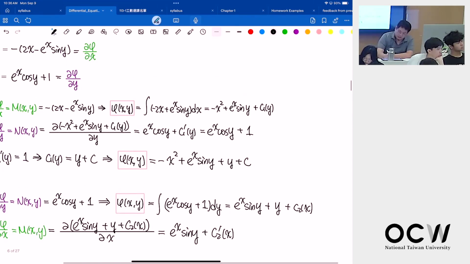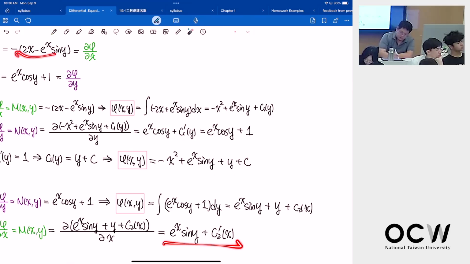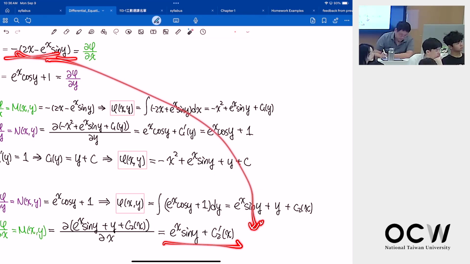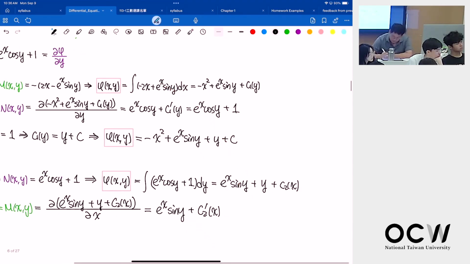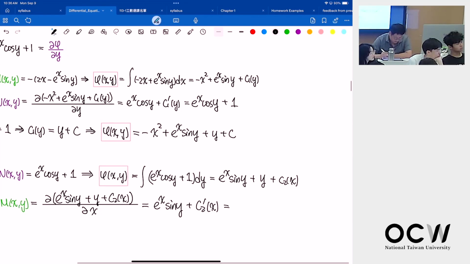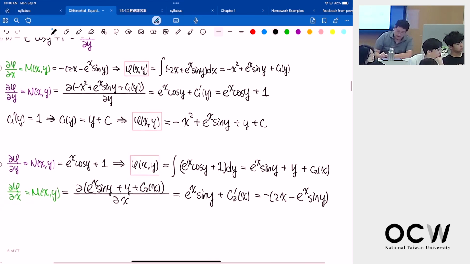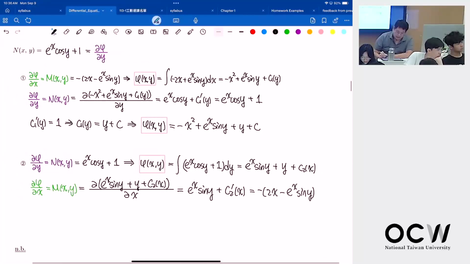And this should be equal to here. So they should be equal to minus 2x minus e to the x sine y. And then you can compare.